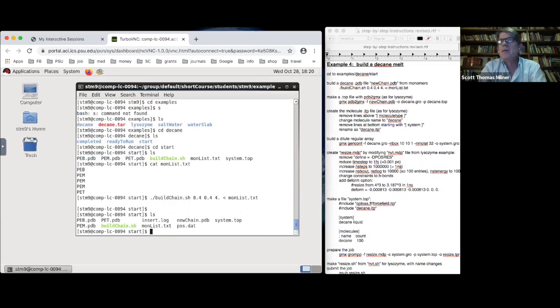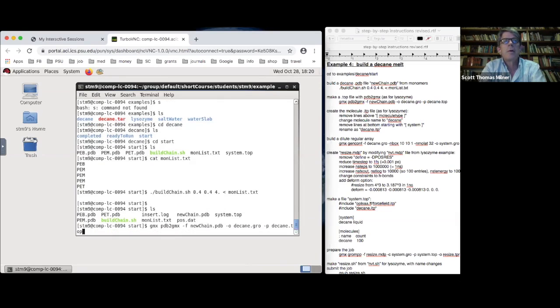Okay, so now I have my new chain, right? And then if I make the topology file, it's gmx pdb2gmx, -f, because this is the input file, newchain.pdb, -o for the output file, Deckhane.gro, -p, Deckhane.top.